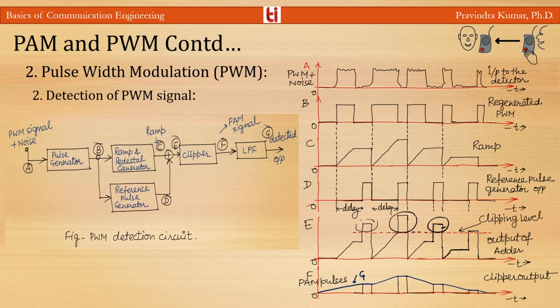After passing it through the low pass filter at the output G, we estimate your baseband signal. So this is the estimated baseband signal at the output of the low pass filter at point G.